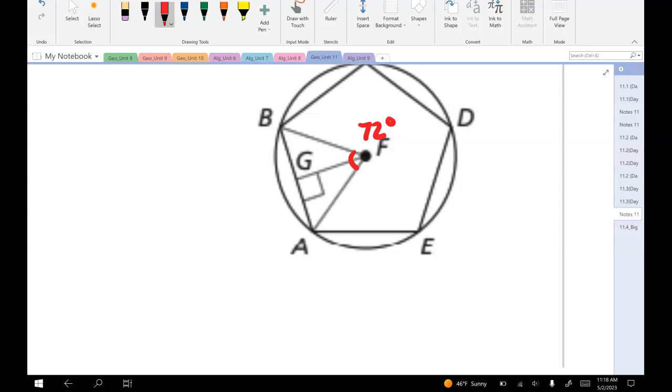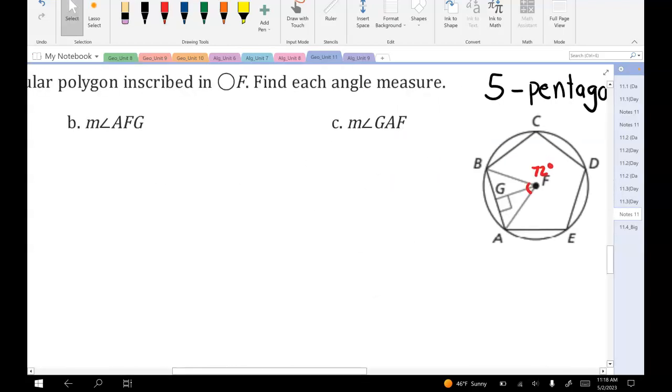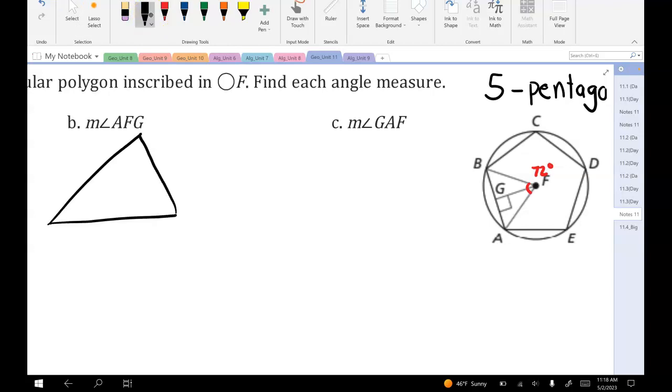All right. Next piece. We're going to solve for another angle measure. We're zooming in on our picture, getting smaller and smaller, talking about more specific things. So now we're talking about angle AFG, which goes from A to F to G. If I take this isosceles triangle off the diagram and draw it here, I'm going to try to make it a little more isosceles looking.